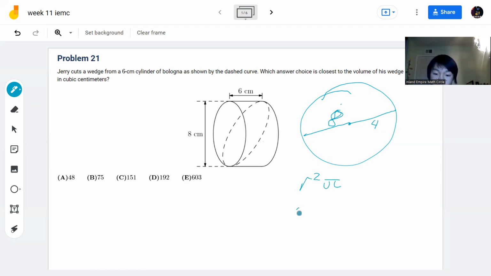So this would be 4 squared times pi, and you can just approximate pi as 3.14. The area would be 4 squared, so 16 times pi.